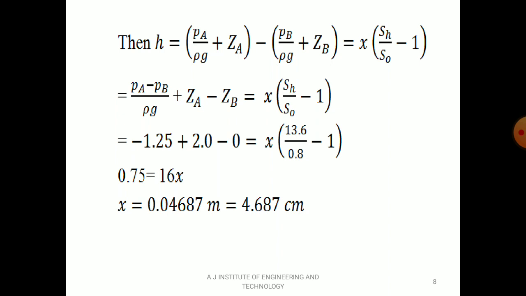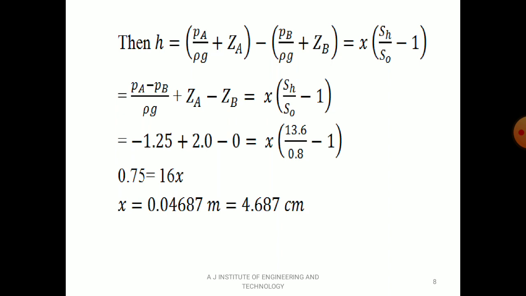Rho of the flowing fluid is 800 into 9.81, plus ZA minus ZB, that is 2. ZB value is 0 because the datum is passing through section B. So minus 1.25 plus 2 minus 0 equal to x into SH value 13.6, SO value 0.8. So 13.6 divided by 0.8 minus 1. So 0.75 equal to 16x, or x equal to 0.04687 meter.